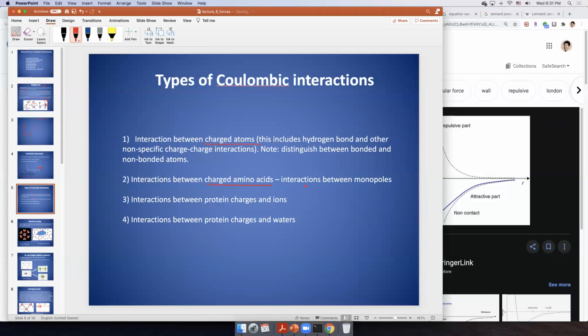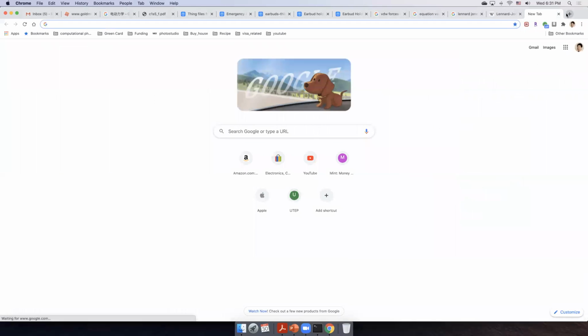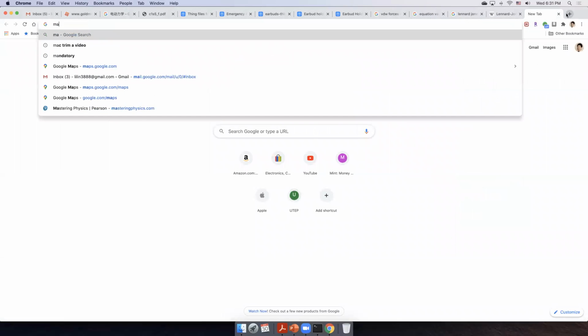For example, if you are familiar with biochemistry, you will know there are 20. Okay, let's look at the table. That's even better. Amino acid.